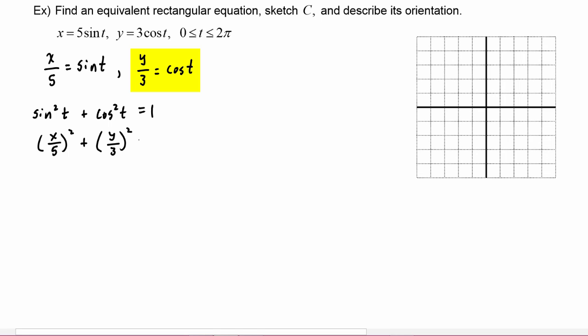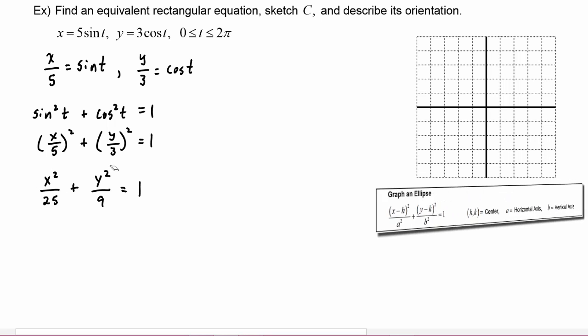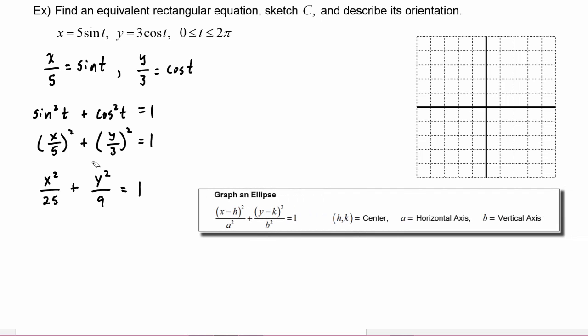We have to square that and set it equal to 1. So this becomes x squared over 25 plus y squared over 9 is equal to 1. Because both the x and the y are squared, and there is a plus sign between them, we recognize that this will be an ellipse.